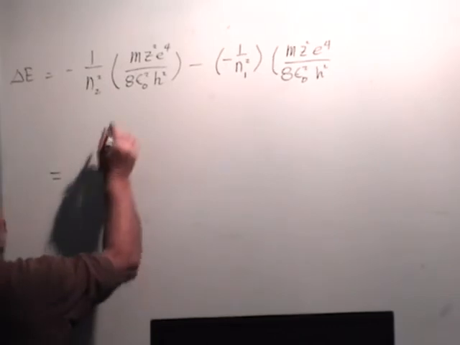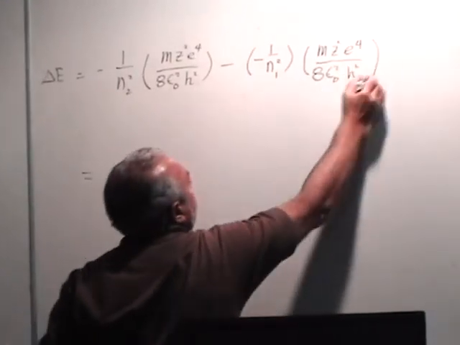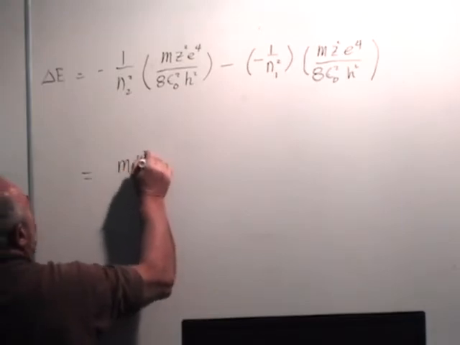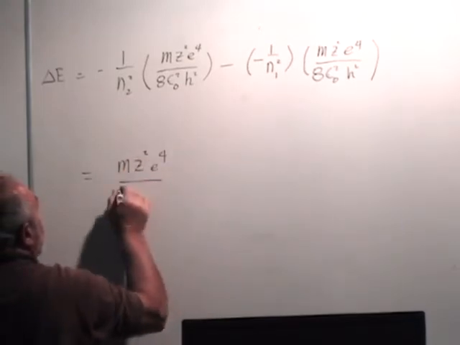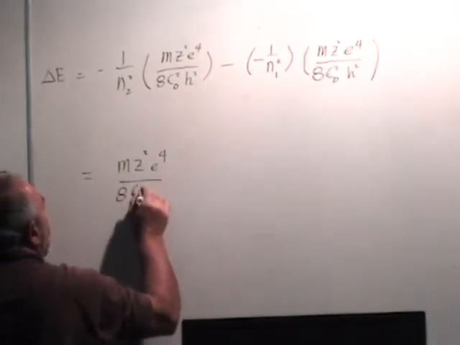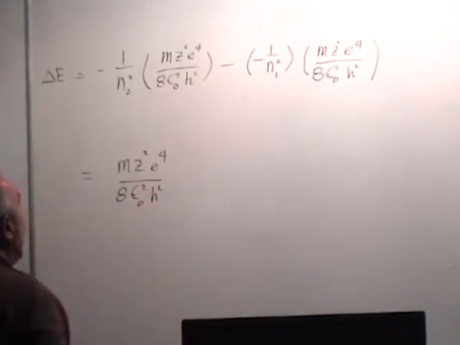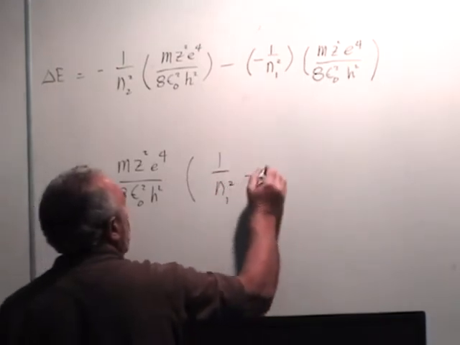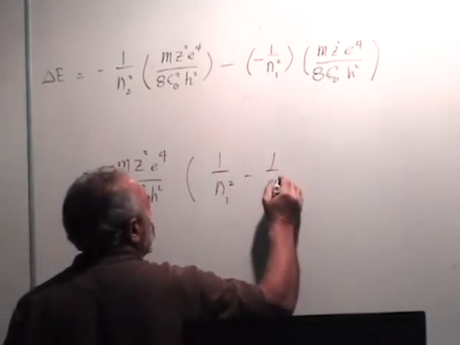And so, of course, clearly it is just this factor out front. So we have m Z squared e to the 4th over 8 epsilon naught squared h squared. That is the common factor that we factored out, times 1 over n1 squared minus 1 over n2 squared.